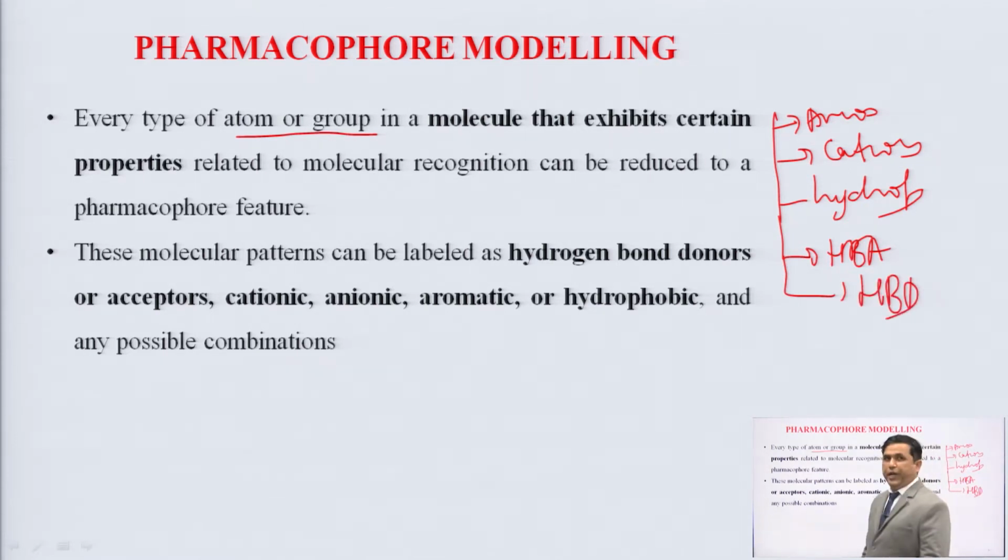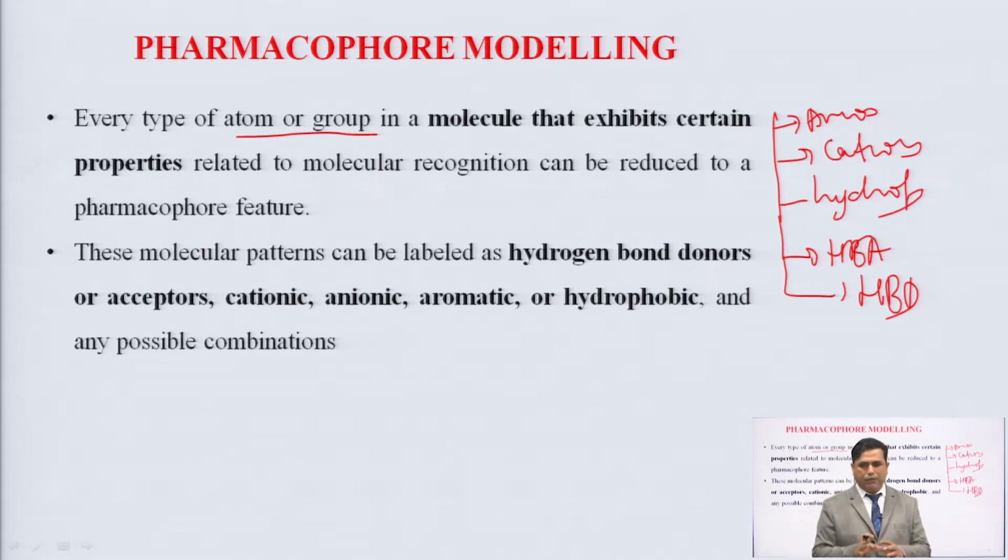So, these properties show different types of features in a molecule. In molecular recognition, it can be reduced to a pharmacophoric feature.